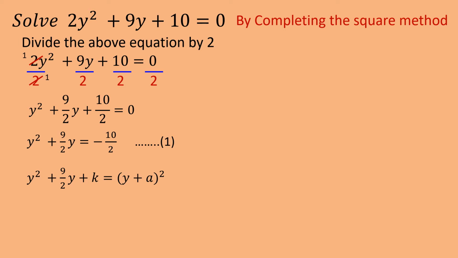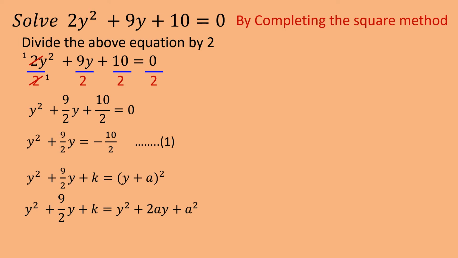By completing the square method. So a plus b whole square, a minus b whole square, you all might be remembering. Same pattern I am using here. So y square plus 9 upon 2y plus k, which was the missing left hand side constant term from equation 1, we have assumed as k, which is equal to y plus a whole square. We have not taken minus 10 upon 2. That we will utilize afterward.